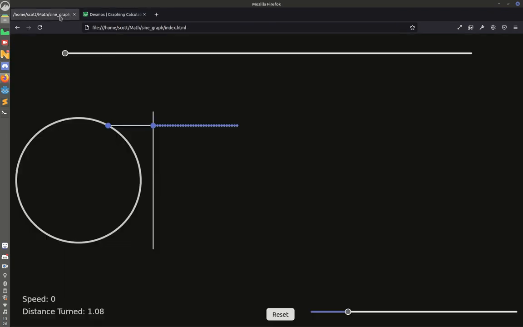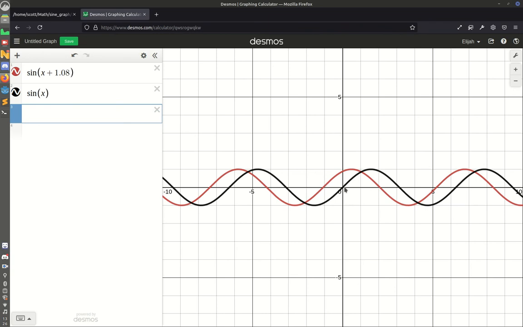You can see that on our simulation, it's higher than when sine usually starts. Instead of starting at 0 here, it's starting almost all the way up at 1. And then here, when time is equal to 0, usually sine starts at 0, but in this case, it's starting at 0.882, almost all the way up at 1.